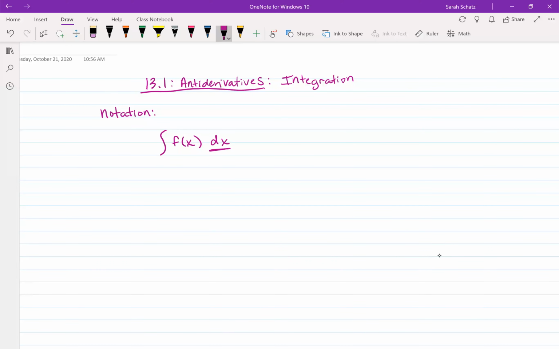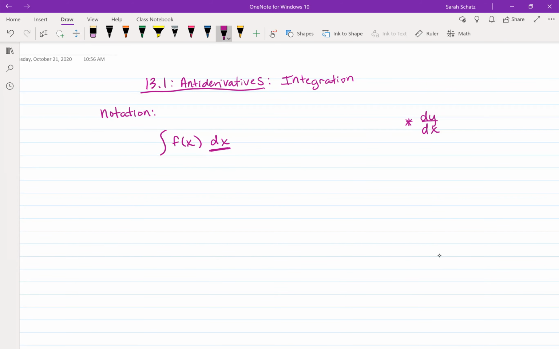Just like remember when we did the derivatives, we didn't really use it for anything other than notation when we had dy dx, until we got to implicit, and then we did have to actually use it in operations. This is kind of the same way. You guys, dx is just a notation right now, but as we move on into more sections of chapter 13, we will end up having to use it in operations.